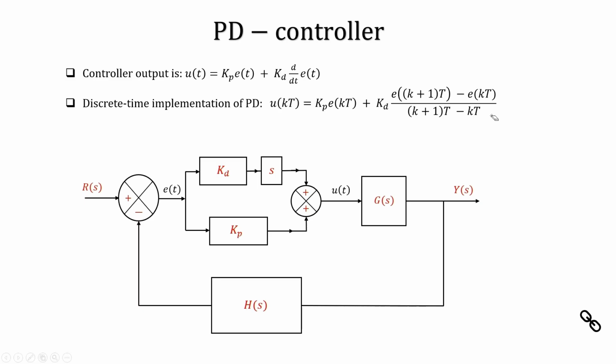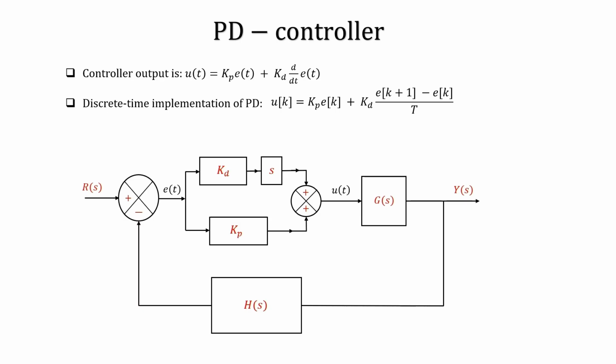This is from the definition of differentiation. What will be the numerator here? The future error e((k+1)T) minus e(kT), divided by (k+1)T minus kT. This can also be written in this form, where I am dropping the T and writing the equation in terms of a discrete time difference equation.